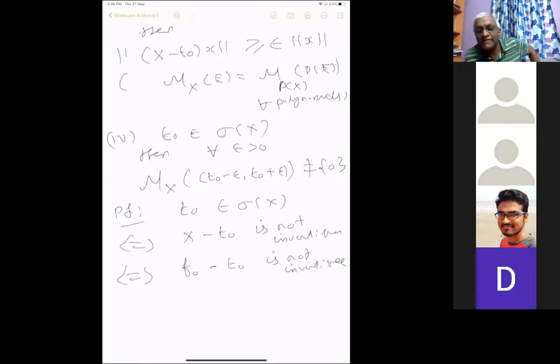Now, f naught minus T0 not invertible means it should vanish, which means T0 should be in the range of f naught. The range of f naught is just sigma of x. So T0 should be in sigma of x. This is for invertibility in C of sigma(x).